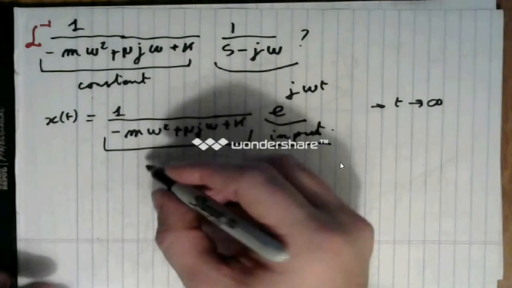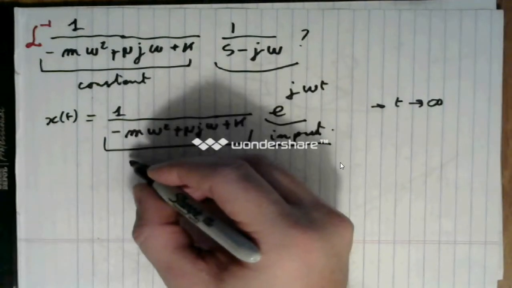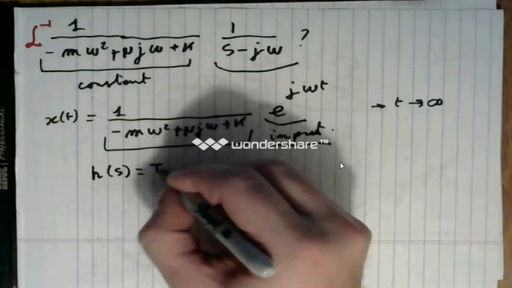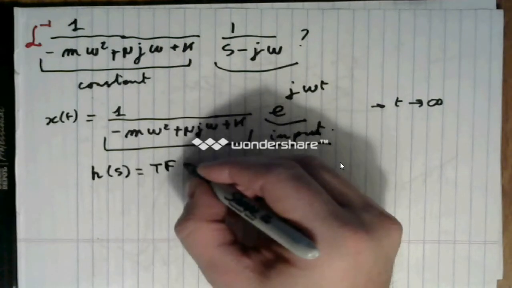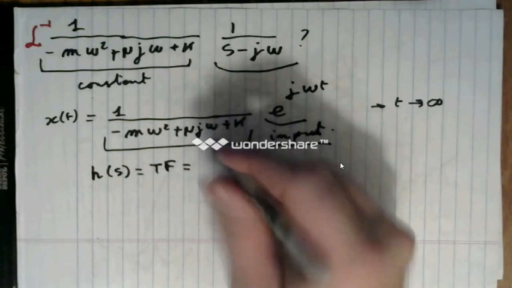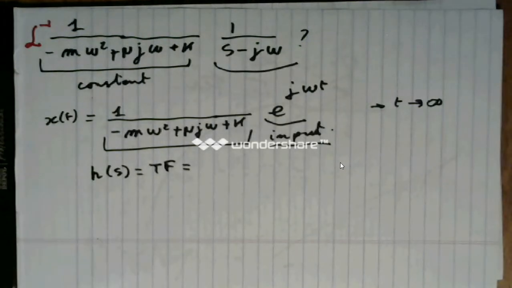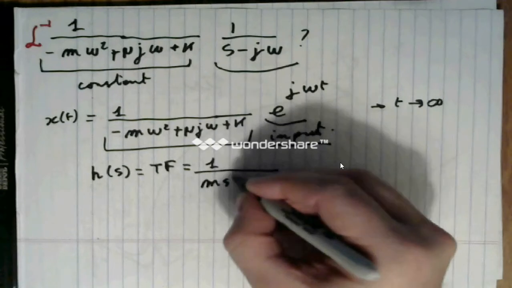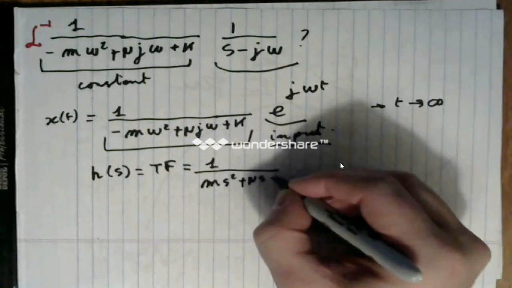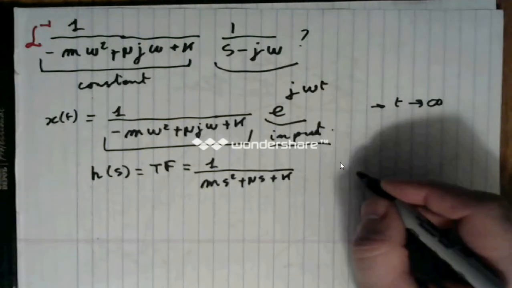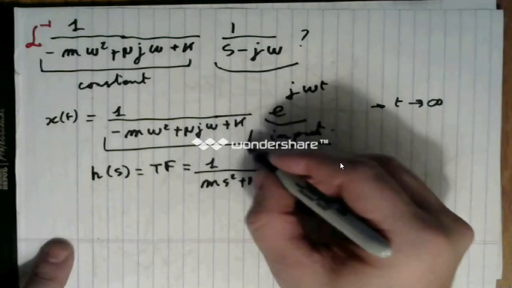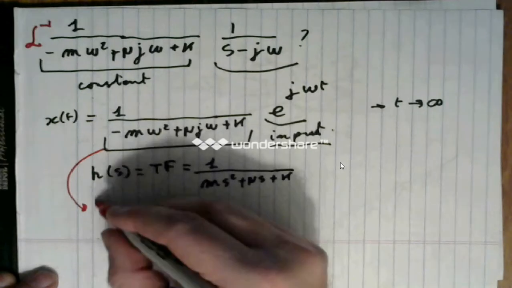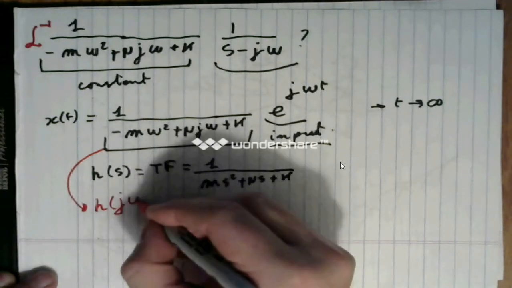Second, this is all as if, having defined h of s as the transfer function of the system, that is 1 over ms squared plus mu s plus k, this guy is h of j omega.